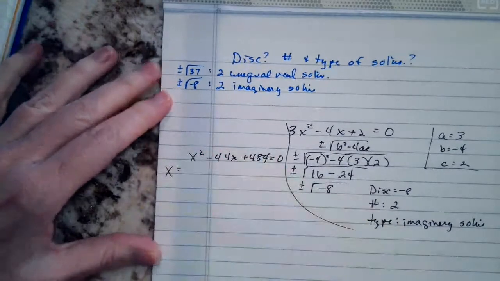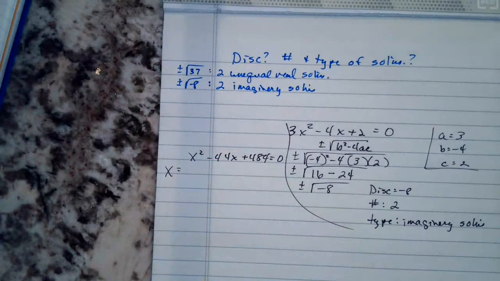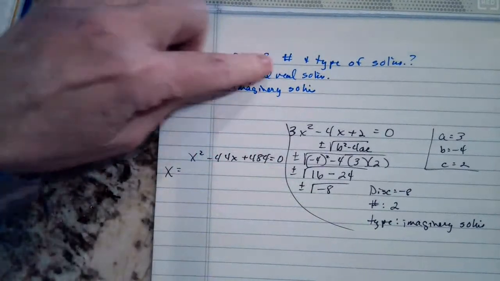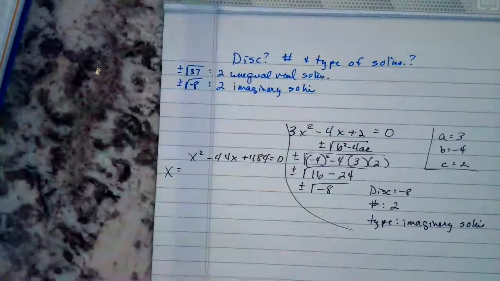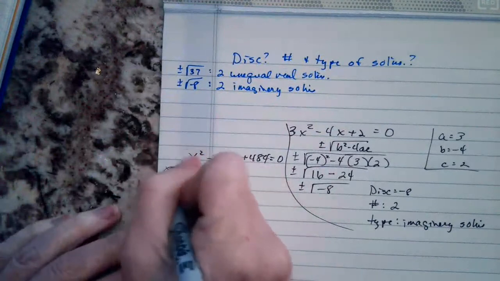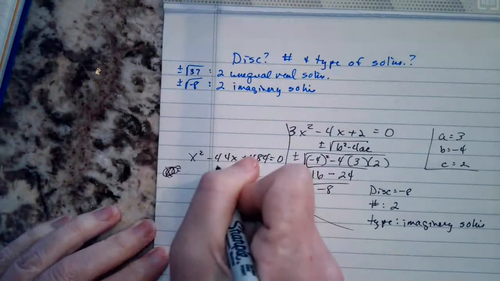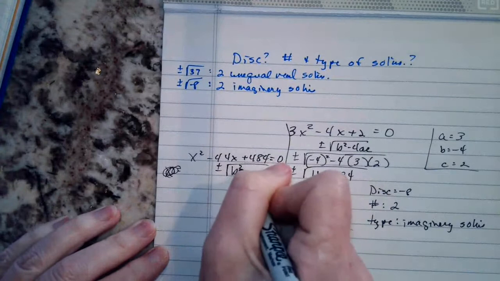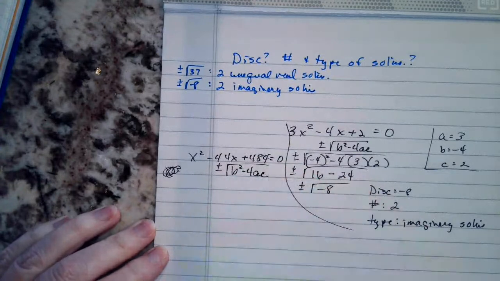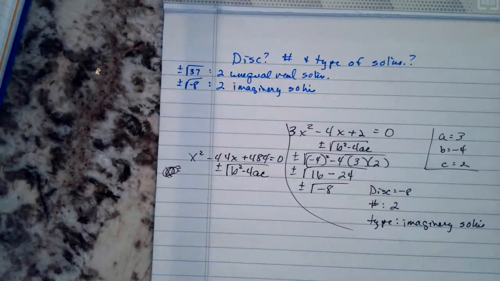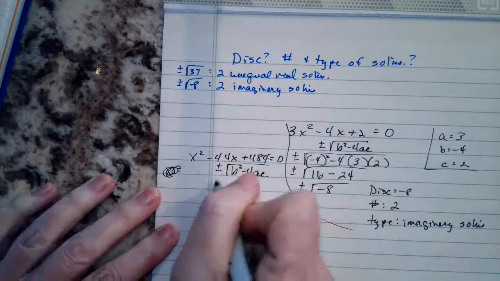X equals, nope, we're not doing the whole folderol. This is only about what is the discriminant and how many and what type of solutions we would expect. So all we're interested in is the discriminant, b squared minus 4ac. That's the only piece we're concerned about.